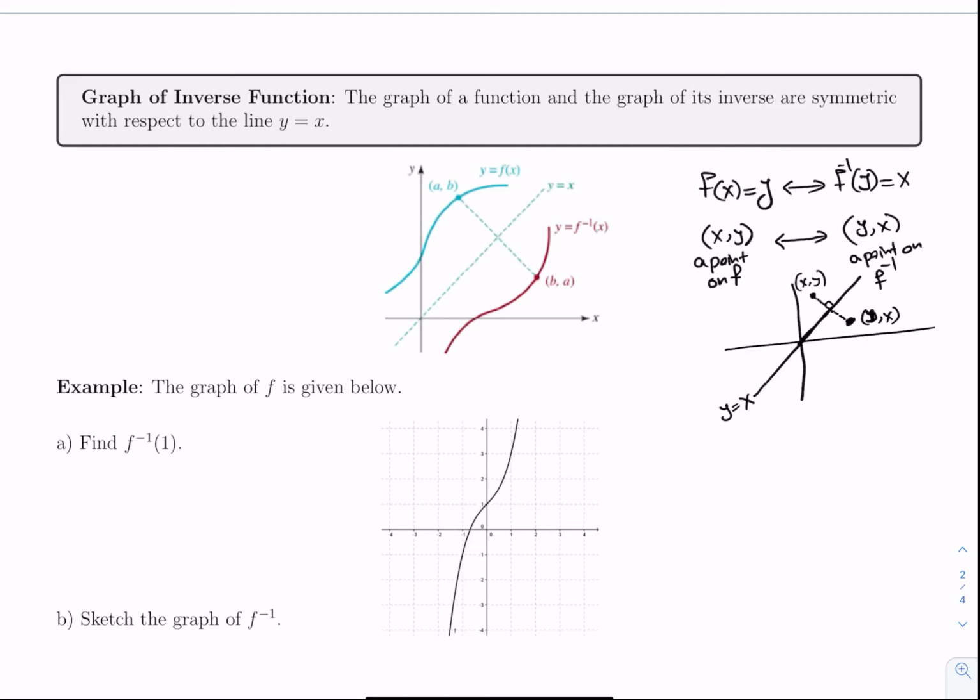If you apply this idea to every single point on the graph of f and you find the reflection in the line y equals x, you will get the graph of f inverse. So we can sketch the graph of an inverse function by reflecting the graph of f in the line y equals x.